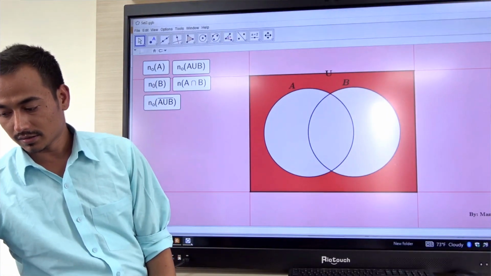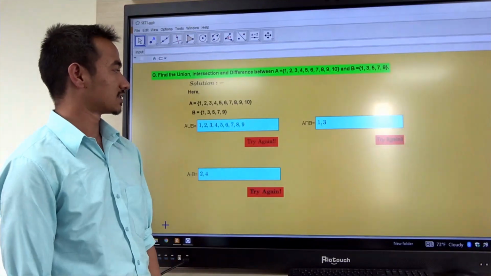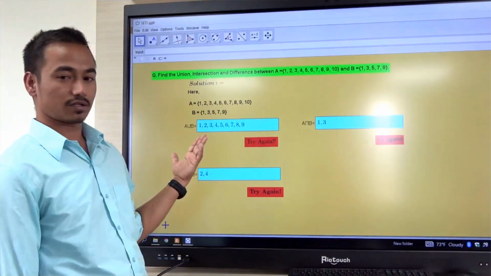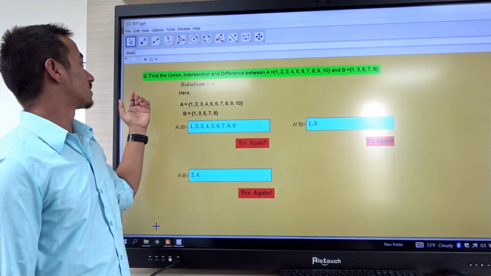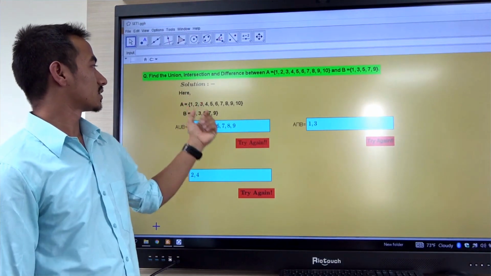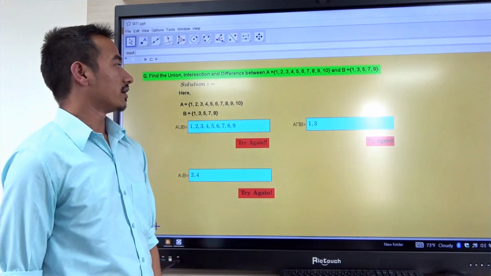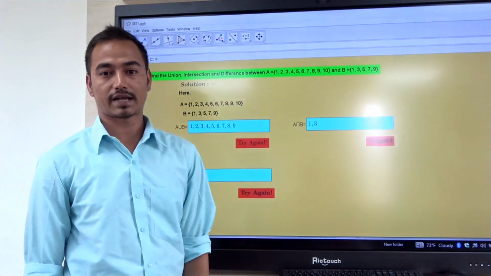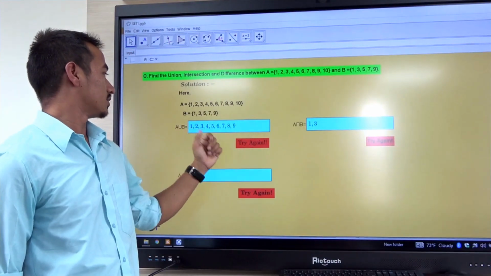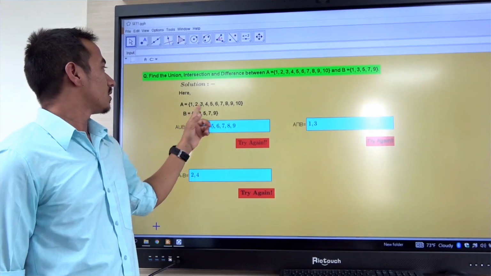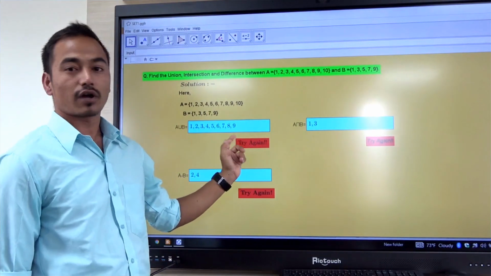Similarly, we can also demonstrate other concepts of sets. This is one question I brought here: find the union, intersection, and difference between A equals 1 to 10 and B equals odd numbers less than 10. How can we do this? Given A and B, if I say A union B is 1 to 9, it says try again.